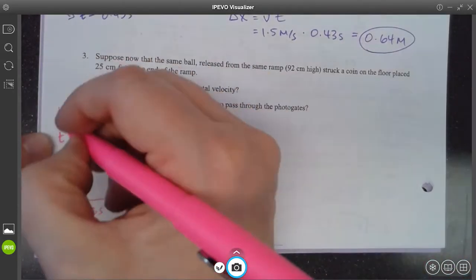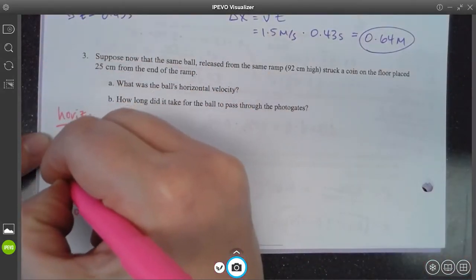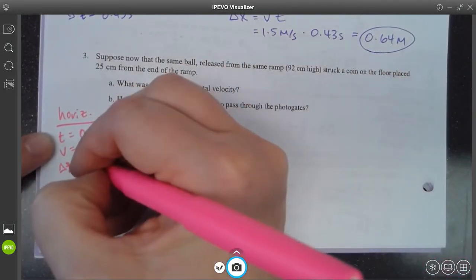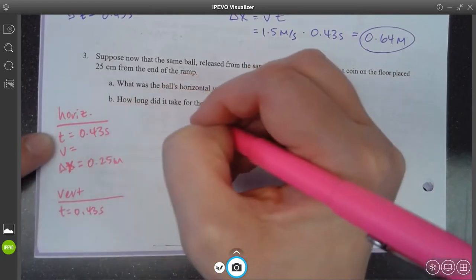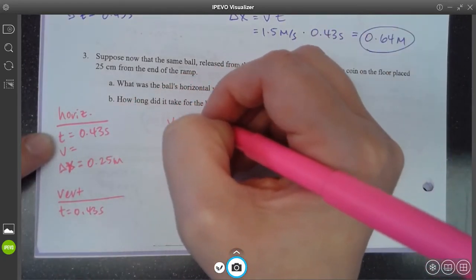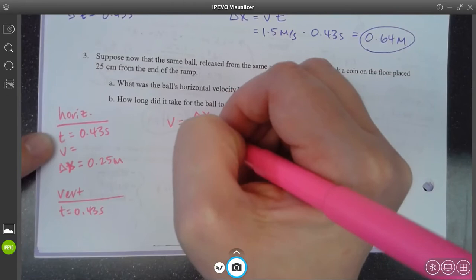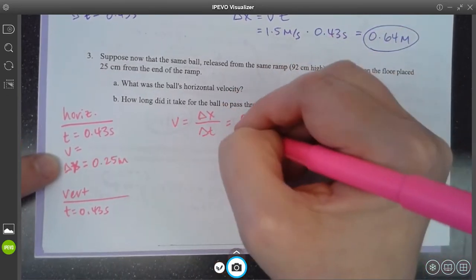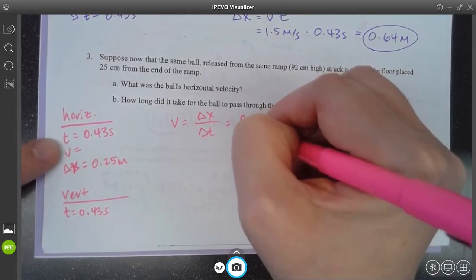To figure out the horizontal velocity, that's what we want to know, we're going to have to use our change in x. So our change in x now is 0.25 meters. So our velocity is going to be our change in distance divided by our change in time. So this is going to be 0.25 meters divided by 0.43 seconds.